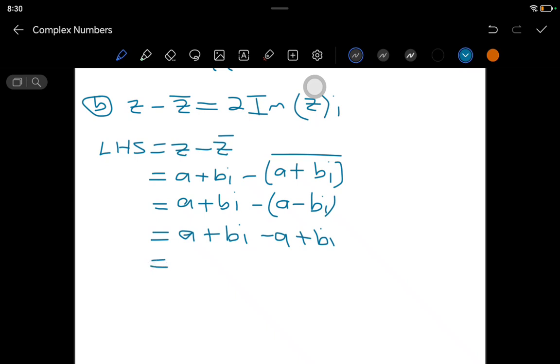And what is B? B is the imaginary of Z. Then we have this. You see, right? So it will be simple for us to prove such cases. It does happen. They can ask you to prove them.